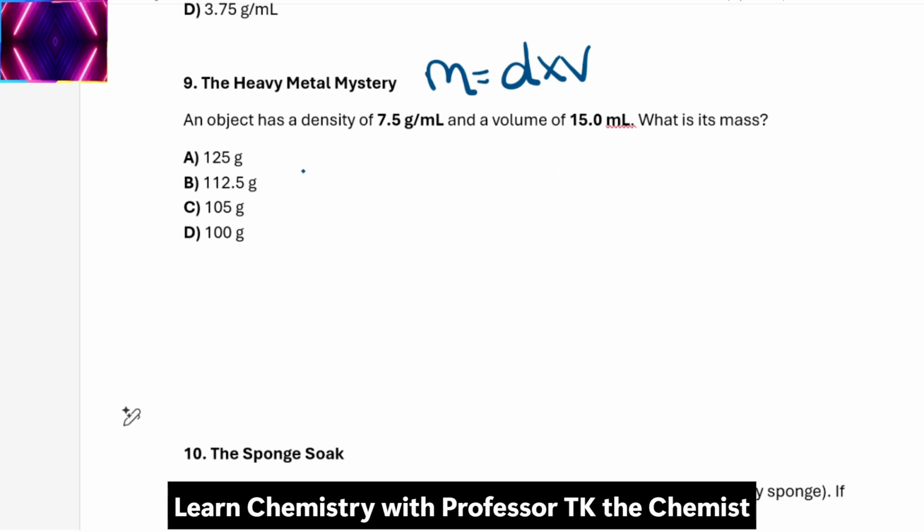And all you have to do now is plug in what you know. 7.5 grams per milliliter times 15.0 milliliters. Cancel out your milliliters and just multiply. In all the other examples we were dividing, but this time we are multiplying.